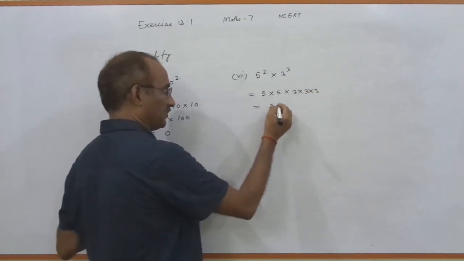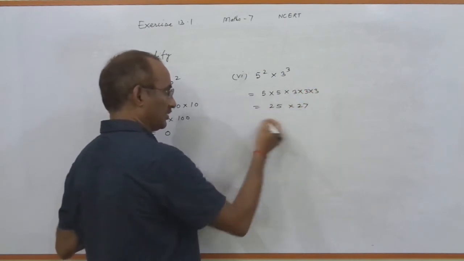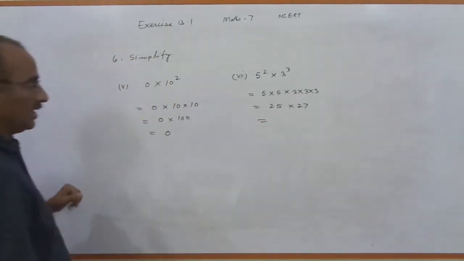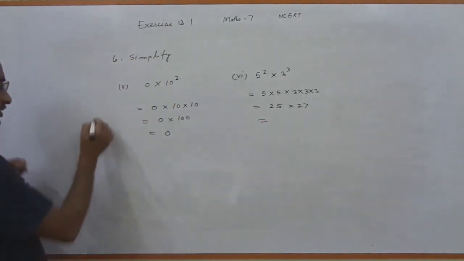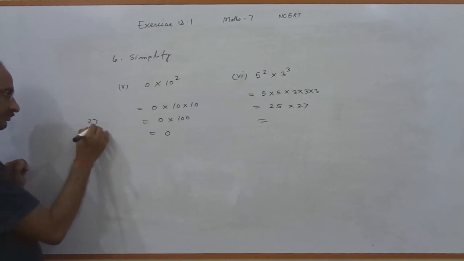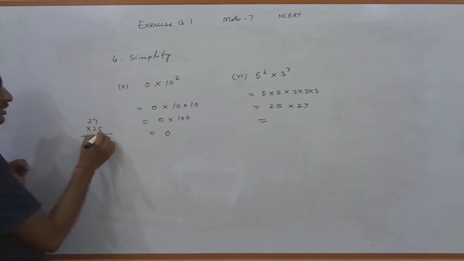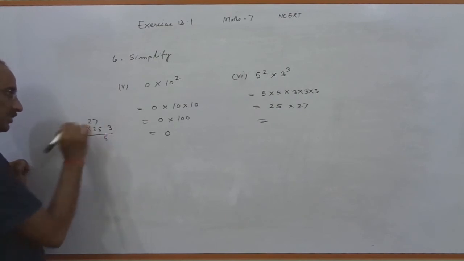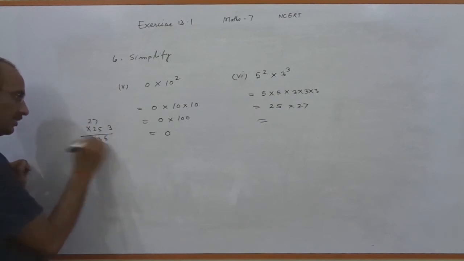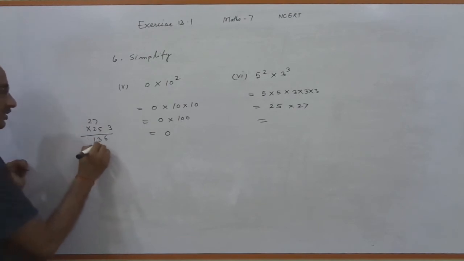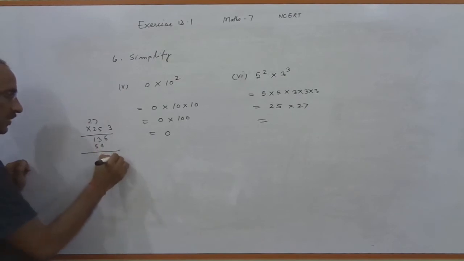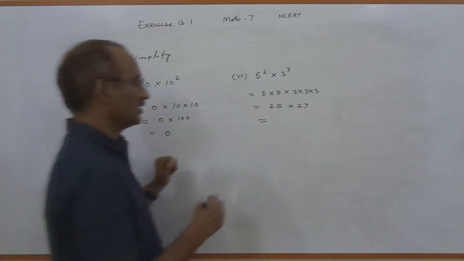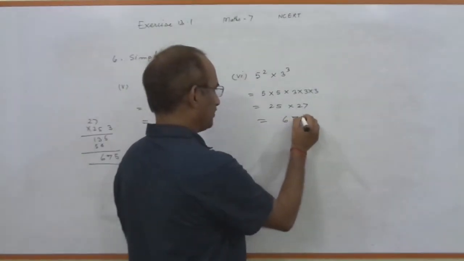So we can write 25 multiplied with 27. On multiplying 25 and 27, we get 675.